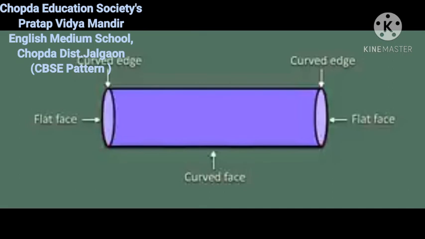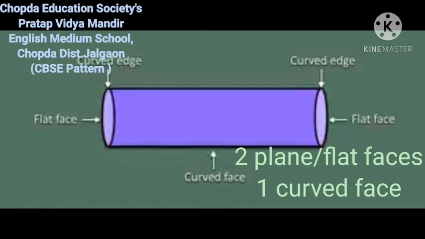In this picture one cylinder is shown, and there are also some faces and planes shown there. A cylinder has 3 faces.